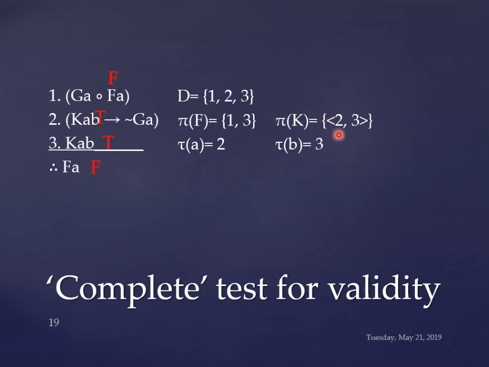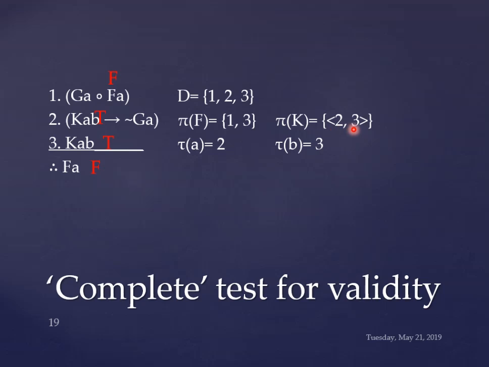What this is called is an ordered set. Normal sets are these things with curly brackets, and you just arrange things however you want. Ordered sets don't work that way. Ordered sets are indicated by angled brackets like that, and the pattern inside the angled brackets is specific. This is saying that 2 comes before 3.